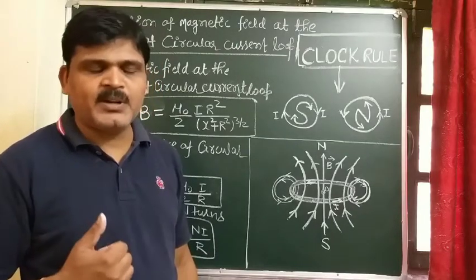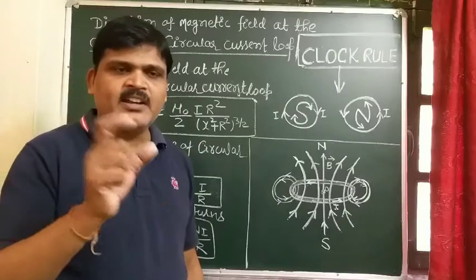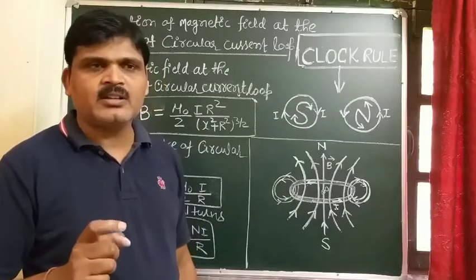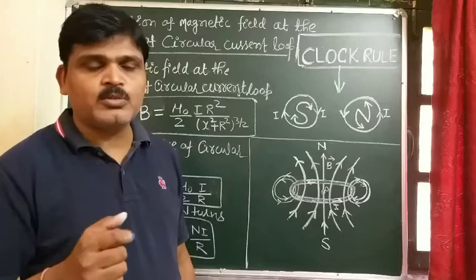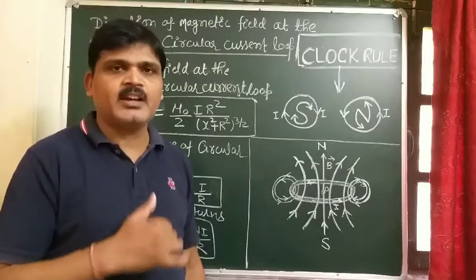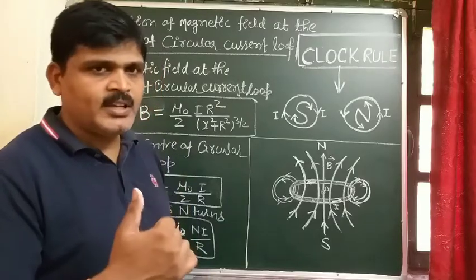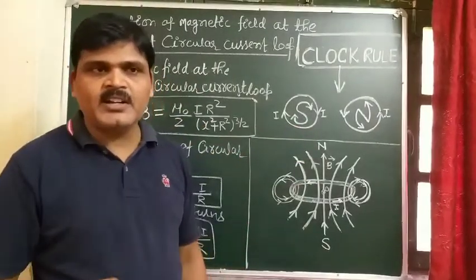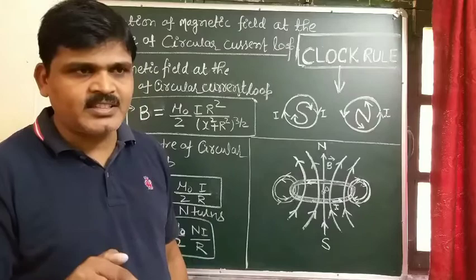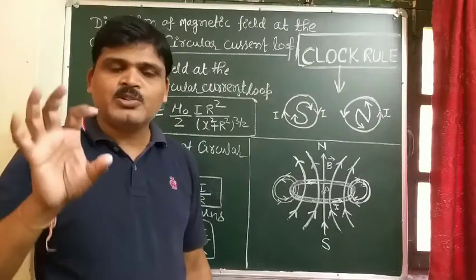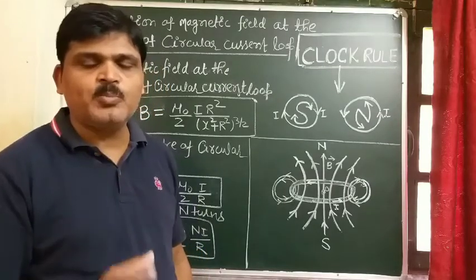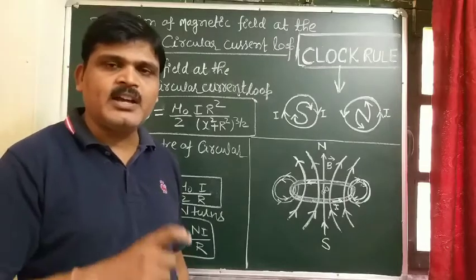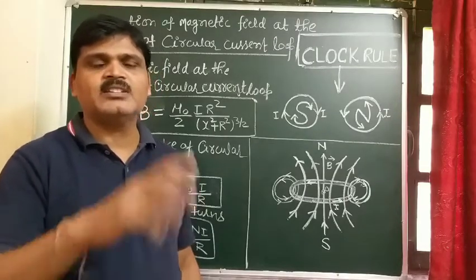A magnetic needle is also called what? It also has a north pole and south pole, so it is also called a magnetic dipole. So in this way, circular current loop produces a magnetic field on its axis or its center. So every circular current loop behaves like a magnetic dipole, and it has both north pole as well as south pole.